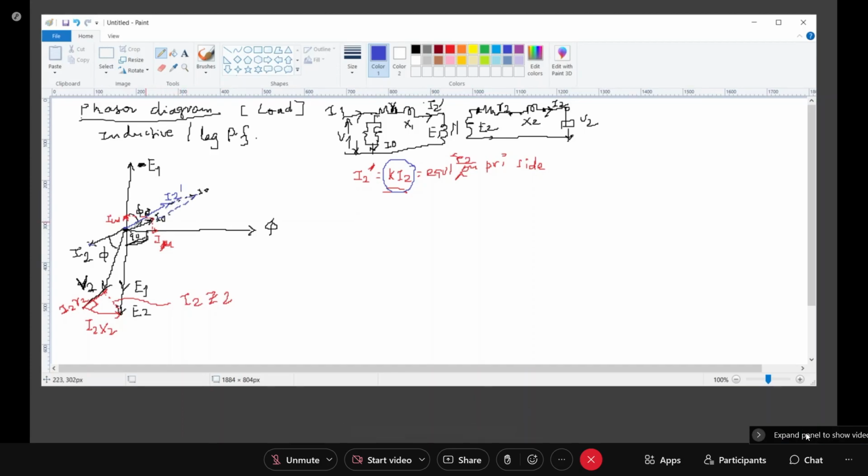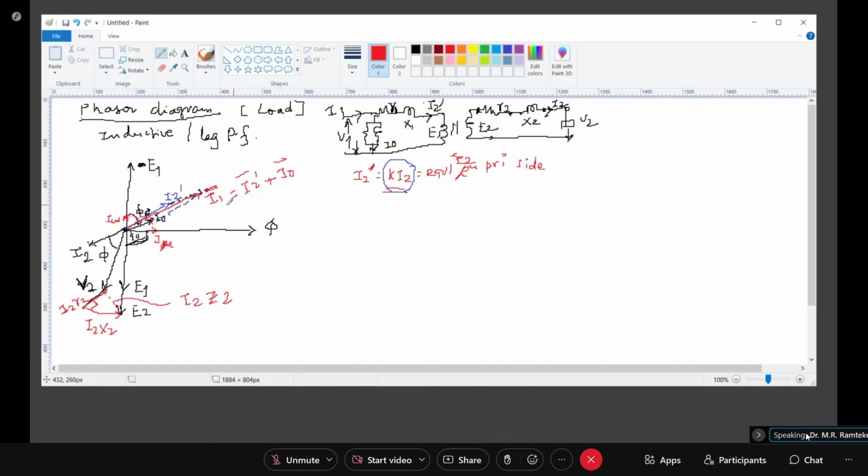This is addition, and I get this current, which is I1. The red one is I1. It is the sum of I2 dash, vector sum I0. Clear? I2 dash plus I0 is I1. Got it? Okay, using this parallelogram, you have to complete and get it done. So I2 dash plus I0 is I1.